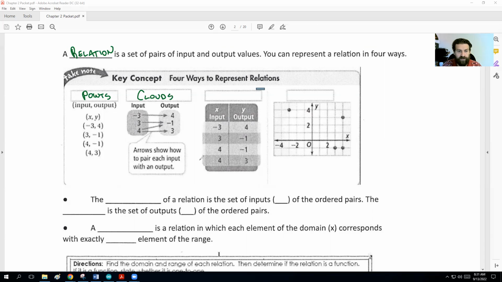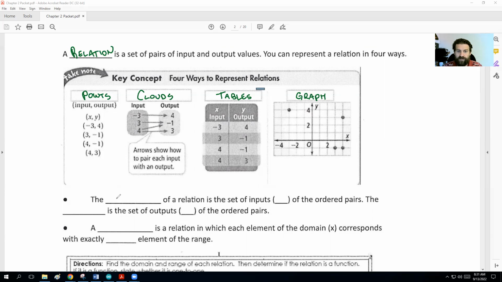We have an input and output pair or cloud that we're looking at. You can also see them as tables, your X and Y tables, or visually as a graph. So all of these are the same data sets, just represented differently.